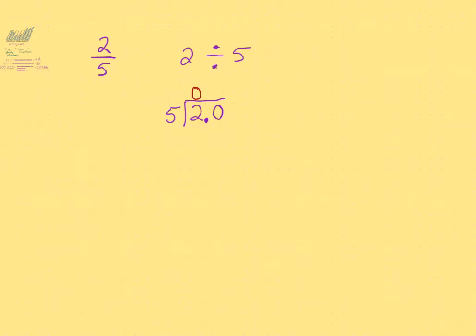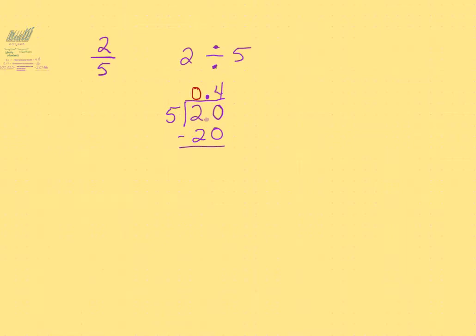So we can put a 0 there. Now, as soon as I have located where this decimal point should be, I'm going to rewrite it just above it in my answer when I'm doing long division. And now I can ignore the decimal point that I originally wrote. Now, how many times does 5 go into 20? It goes in 4 times.